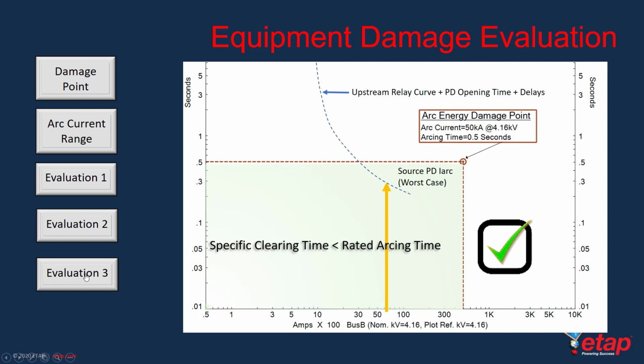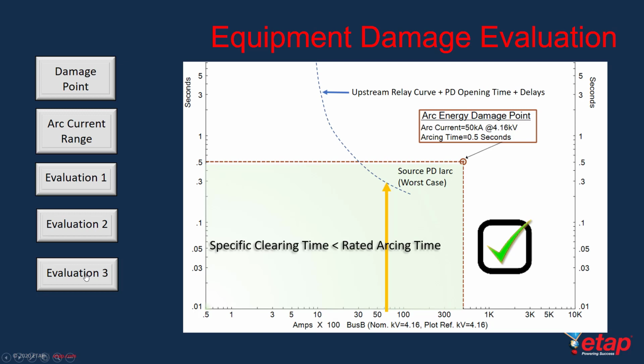To summarize what we have seen in the last two slides with videos and now this example on our TCCs, the concept of evaluating the arc energy damage point on equipment consists of two phases. The first phase is evaluating the incident energy and the energy released over time and comparing it against the rated energy of the equipment, represented by the kiloamp cycle rating of the gear.